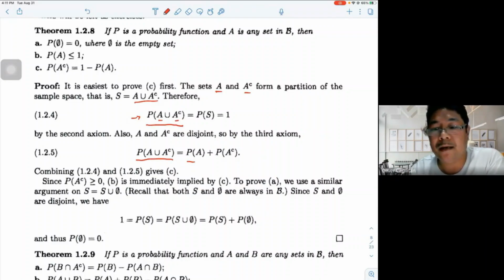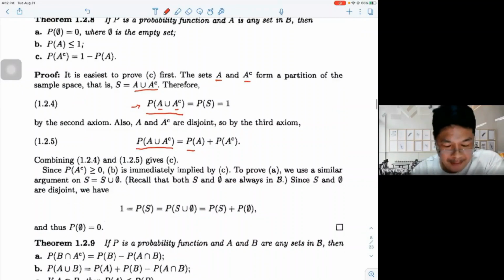This is why property C is proved. Okay, next.